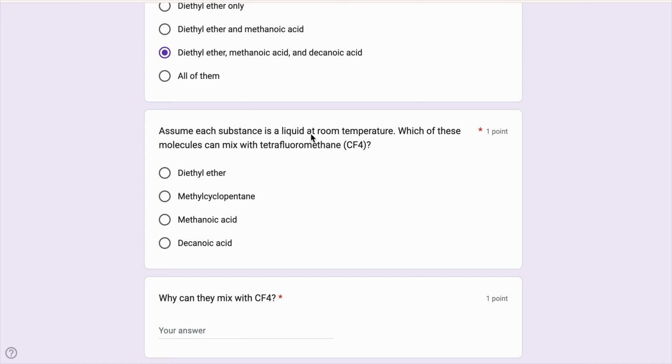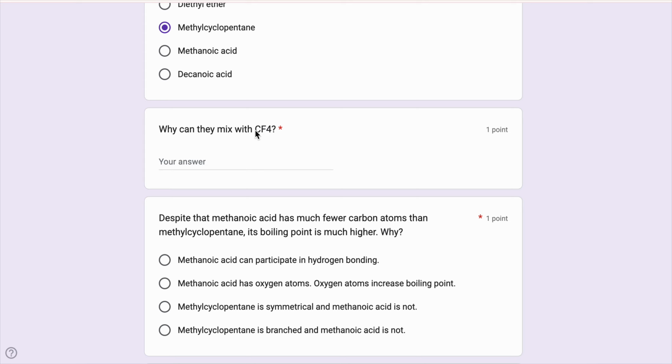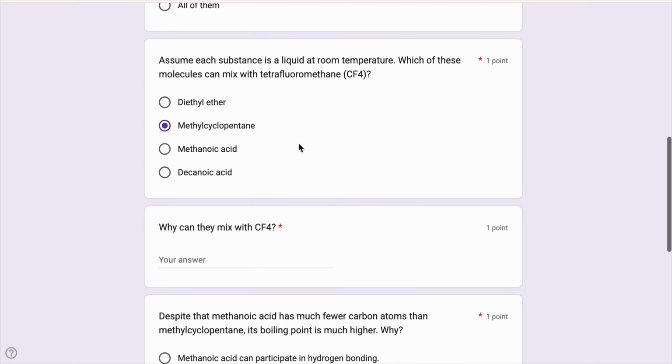Assume each substance is a liquid at room temperature. Which of these molecules can mix with tetrafluoromethane? Why can they mix with CF4?